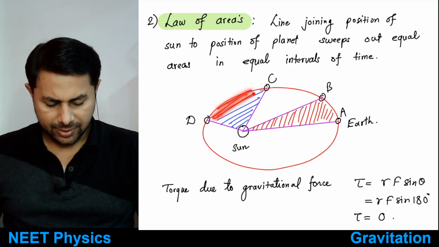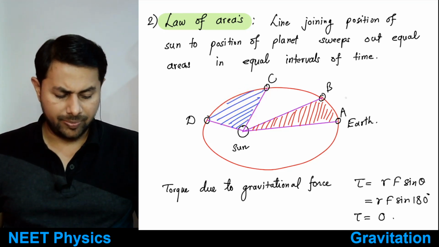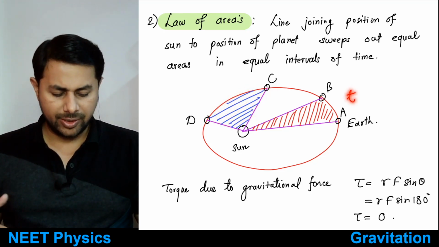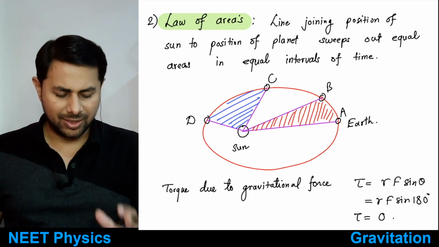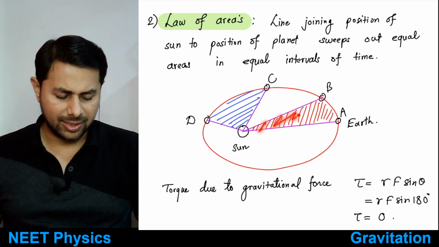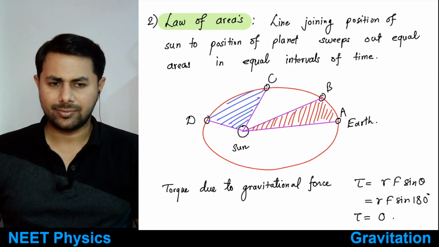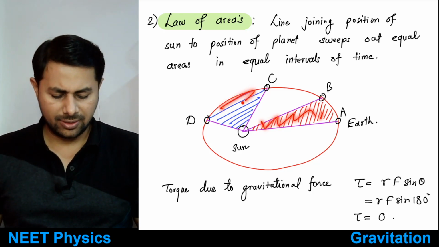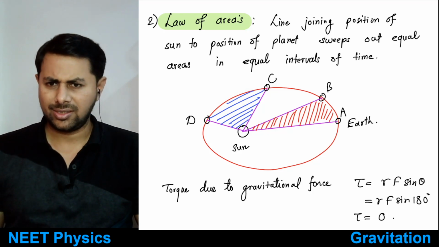Again some area is swept out. So if the earth moves from A to B and from C to D in equal intervals of time, then this area and this area would be equal. Is this clear? Yes, no?